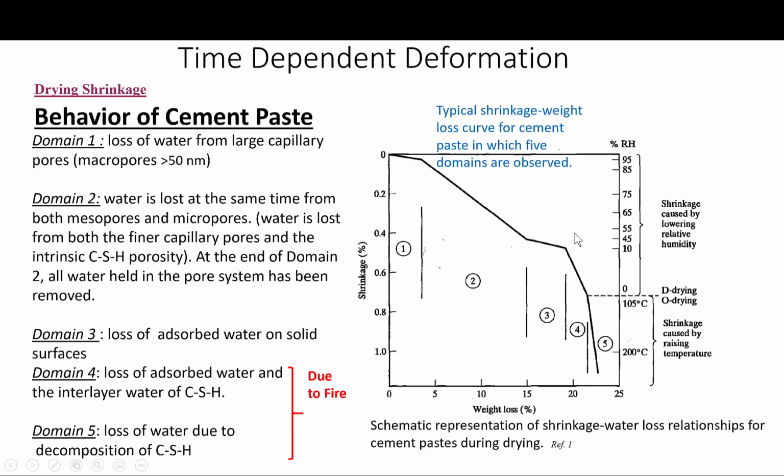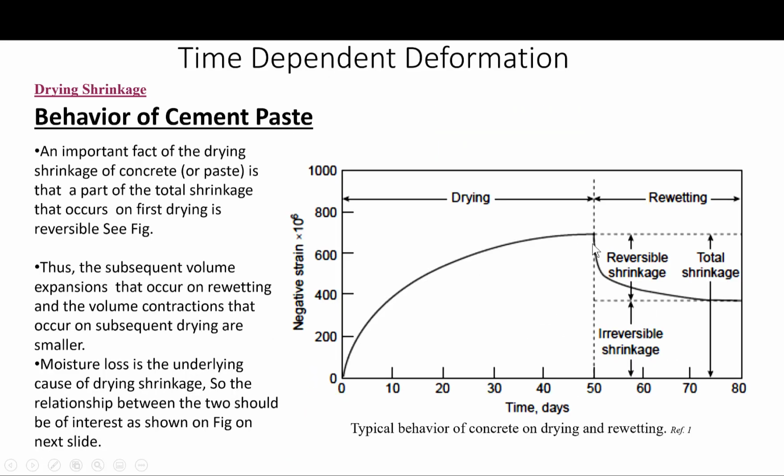Now, let me go back. At re-wetting, we will not go back to the same state. So this part of the shrinkage is irreversible. The subsequent volume expansion that occurs on re-wetting and volume contractions that occur on subsequent drying are smaller, as you can see from this graph here.